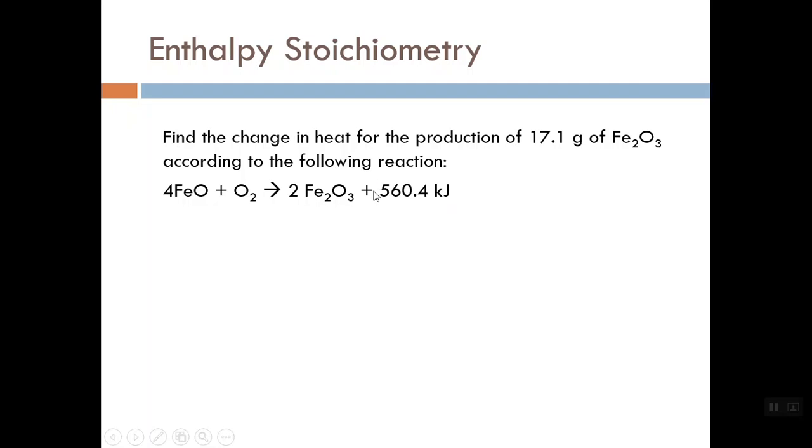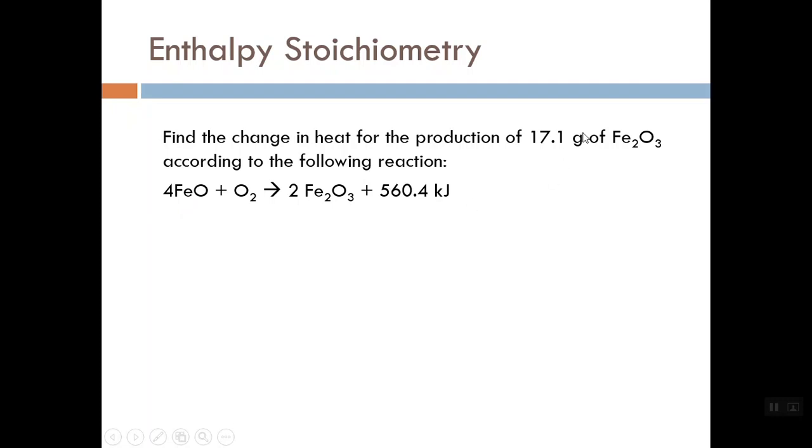And what does exothermic mean? That heat is being released. Okay, so this is saying that 4 moles of iron 2 oxide releases 560.4 kilojoules. 1 mole of oxygen releases 560.4 kilojoules, and 2 moles of iron 3 oxide releases 560.4 kilojoules.